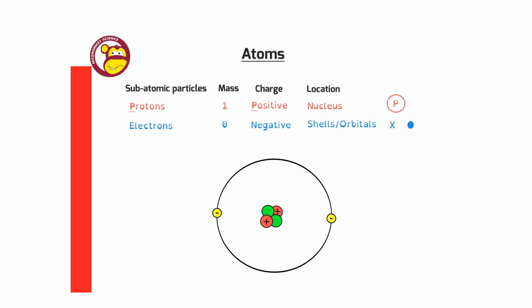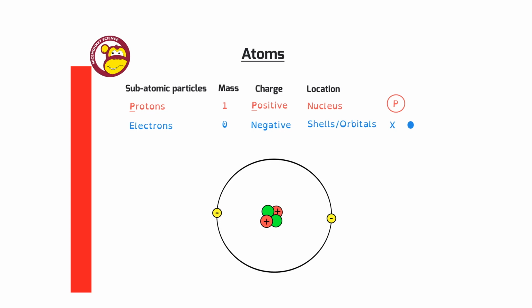The next subatomic particle we're looking at are electrons. Now they are so tiny that we say they have a mass of 0. They are negatively charged, and they are found in the shells or the orbitals of the atom. And they might be represented by a circle with a minus in, or you might see them represented as crosses and dots.